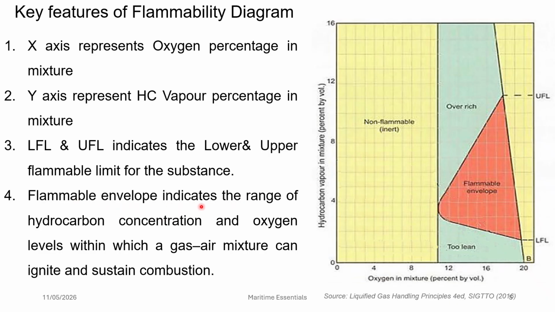The flammable envelope indicates the range of hydrocarbon concentration and oxygen level within which a gas-air mixture can ignite and sustain combustion. So to sustain combustion, the air and gas mixture has to be within that flammable envelope. In the following slides we'll try to develop this flammability diagram.